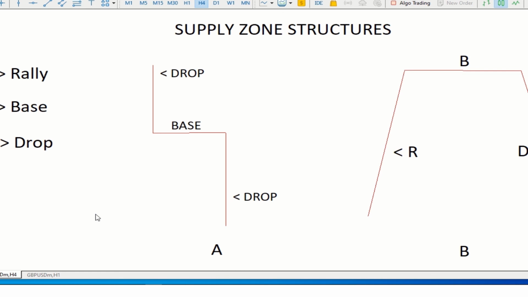And don't forget, drop base rally and rally base drop market strategies are found at the extremes of the demand and supply curve, while rally base rally and drop base drop market strategies are found in the middle of up and down trends respectively. Looking at this formation, supply is located at the middle of the trend, and in the second structure, supply is located at the major price level.